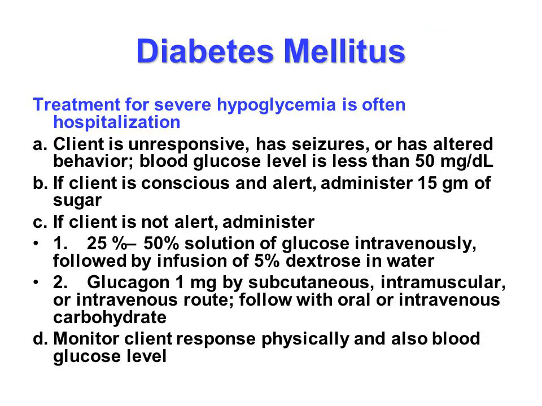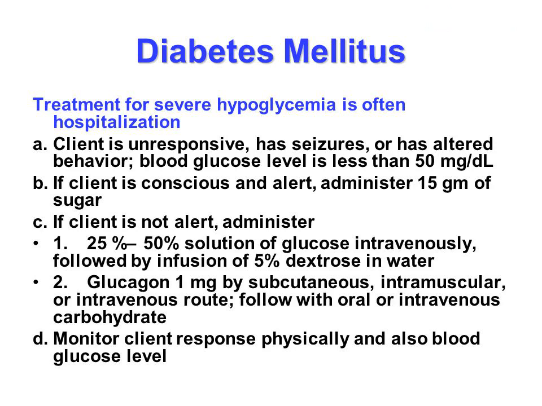Diabetes mellitus. Treatment for severe hypoglycemia is often hospitalization. A. Client is unresponsive, has seizures, or has altered behavior, blood glucose level is less than 50 mg/dL. B. If client is conscious and alert, administer 15 grams of sugar.